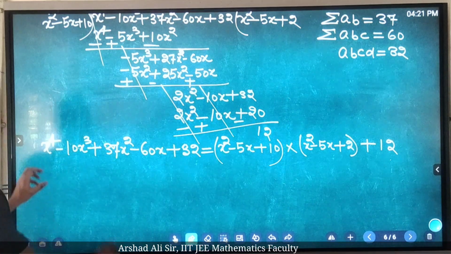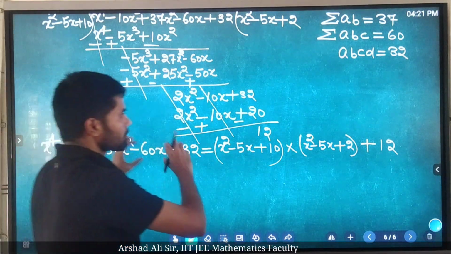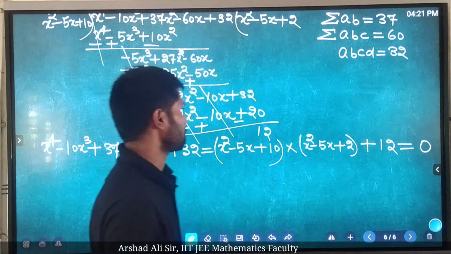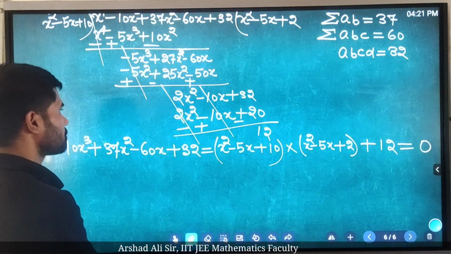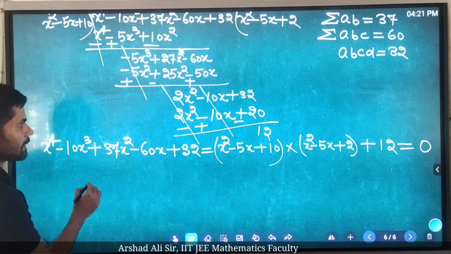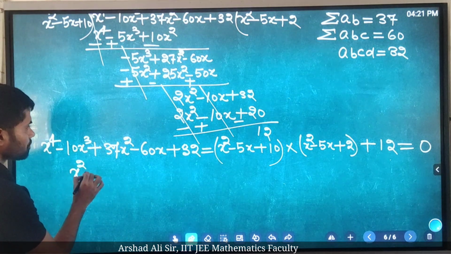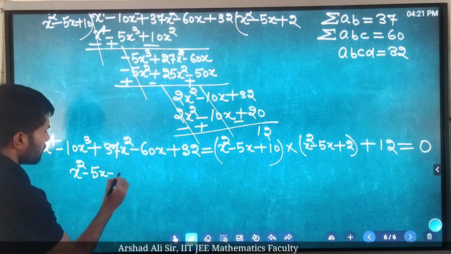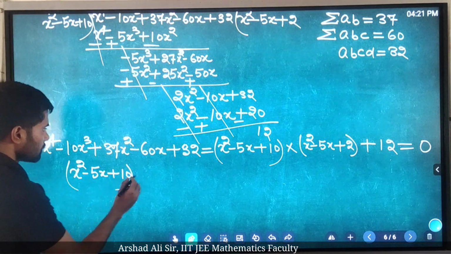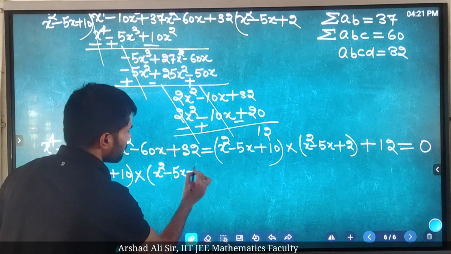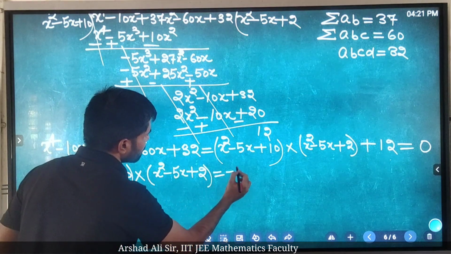Okay students, now we are given this biquadratic expression equal to 0. It means we have a biquadratic equation. So we can find the value of this expression. We can write x square minus 5x plus 10 multiplied by x square minus 5x plus 2 is equal to minus 12.